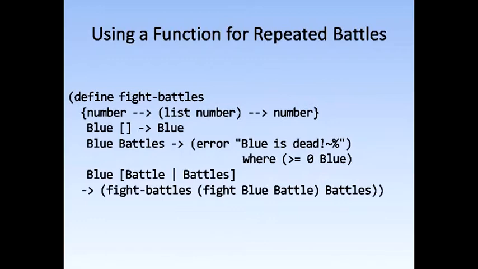The successive armies are held as a list of numbers. Each army is pitted against blue in turn, and the reduced blue army is thrown against the next army. The process ends either with the destruction of blue, or a point is reached where there are no more armies left to fight, in which case blue is returned.